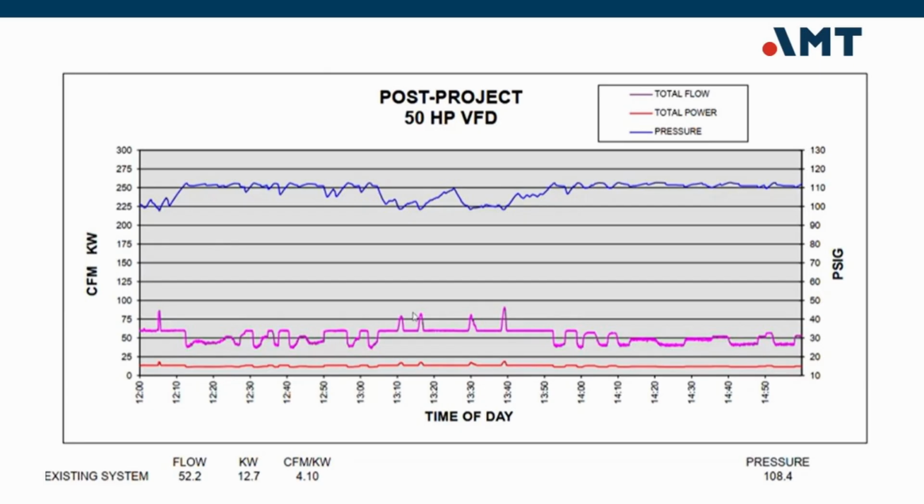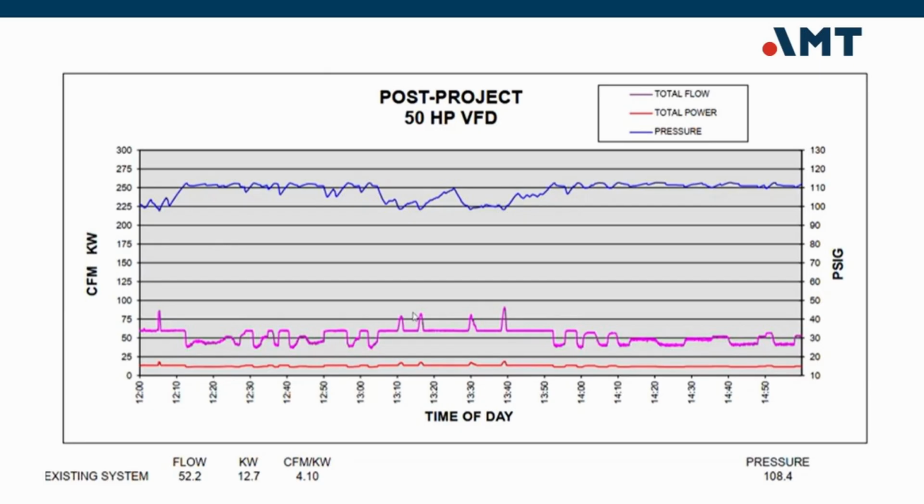Now look at the performance numbers at the bottom of the slide. Flow remains about 52 CFM, essentially unchanged from the pre-project condition. Power drops dramatically to 12.7 kilowatts. Efficiency improves to 4.1 CFM per kilowatt. Compare that to the previous efficiency of 1.42 CFM per kilowatt.